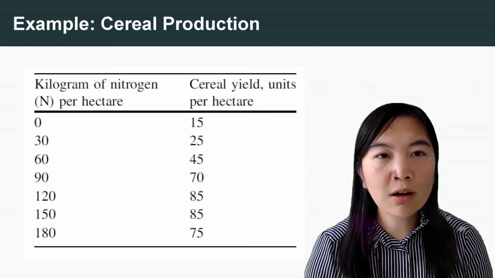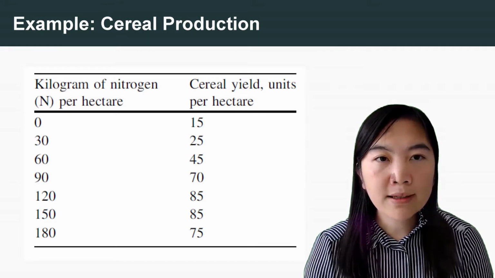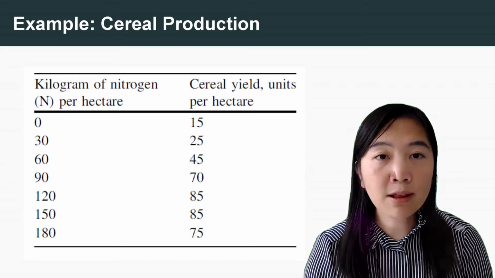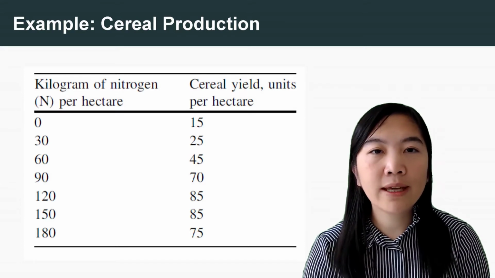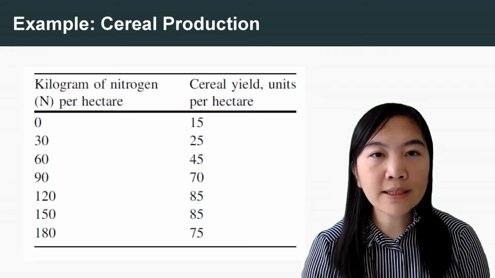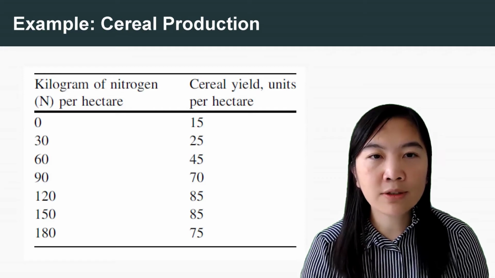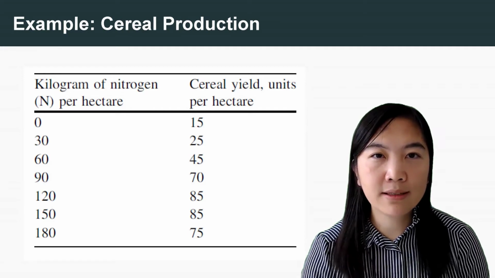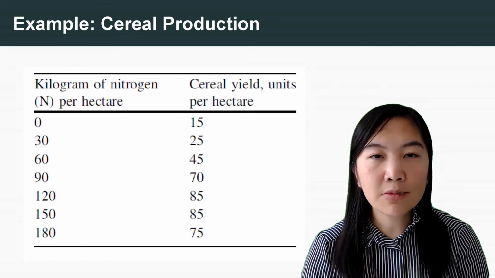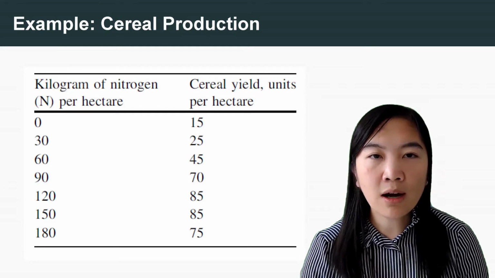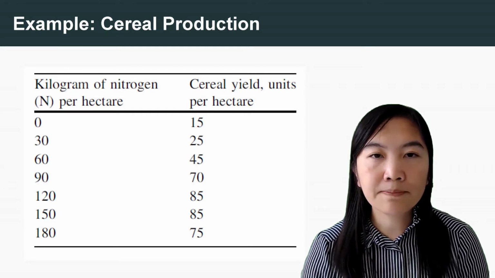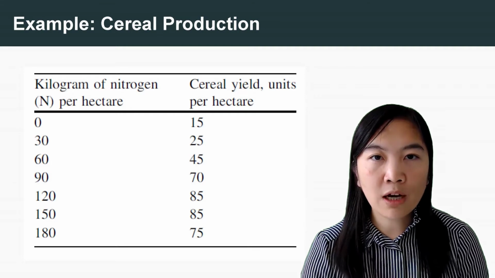So you put all those data that you collected from those 7 plots into a table, and it will look something like this. By looking at the table, you have an idea of the production relationship, how inputs are transformed into outputs.